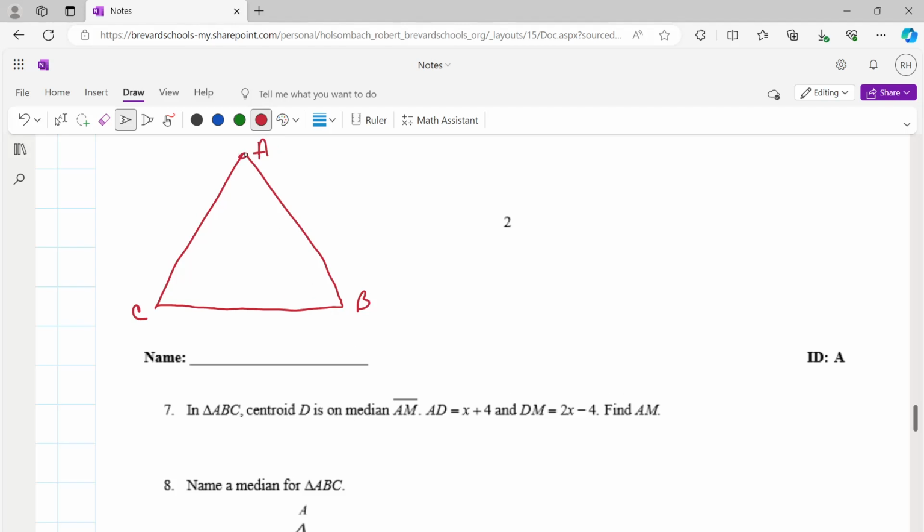Median AM starts at A, goes to the opposite side, and it bisects it. So we can draw in AM. Centroid D is on AM. So here's the centroid. It's approximately 2/3 of the way down.